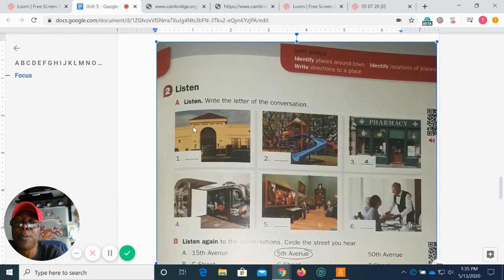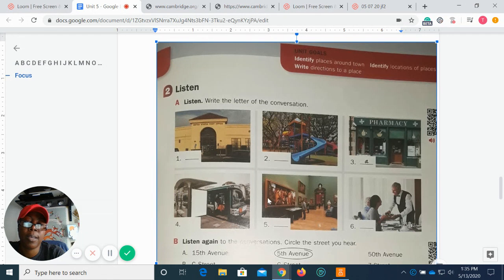So right here, if you can read that, it says United States Post Office, right? What does this look like? It's like a playground. You see the slide, the kid slide. Here we see, what's this word? Pharmacy. Right here we see a bus, and there's a little waiting area right here for the bus.